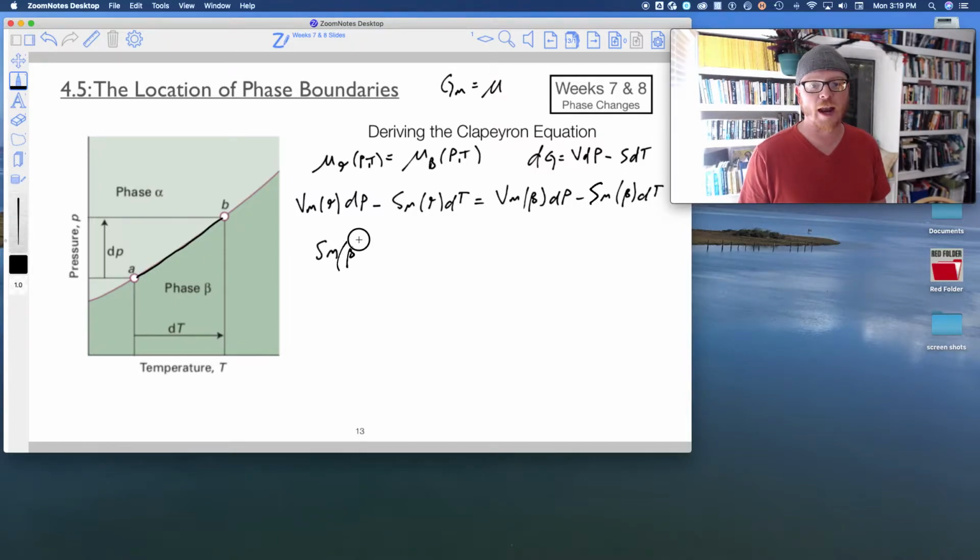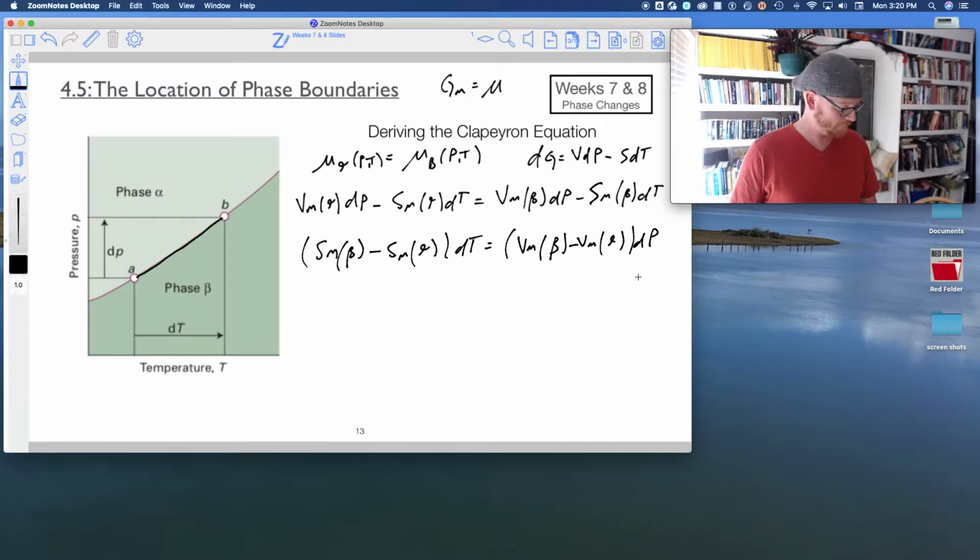And when I do that, I get SM of phase beta minus SM of phase alpha, all times dT. So add that over to that side, subtract V over to this side, equals molar volume of phase beta minus molar volume of phase alpha times dP.